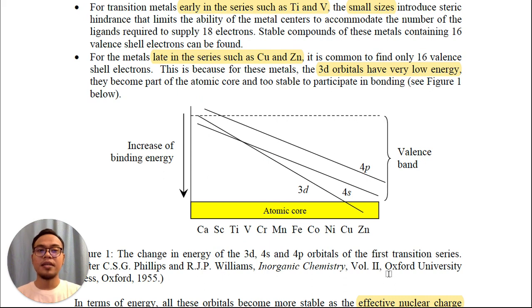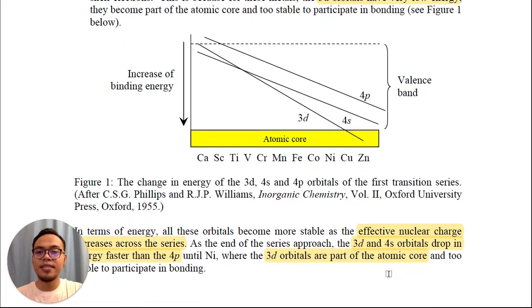So that's why the conclusion that we can make here is that for the late series of transition metals, they are having issues with energy. Issues as in the energy of your 3D orbitals will be very, very low, to which extent they will be in your atomic core. So they are too stable to be participating in forming any bond with your ligand. If you're not clear with this, you can ask me later.